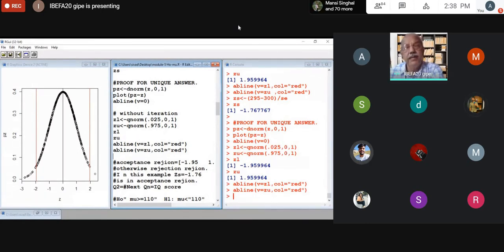It is in the acceptance region, between minus 1.95 and plus 1.95. So accept H0. So the standard normal test Z is enough to make the testing of hypothesis of mu.